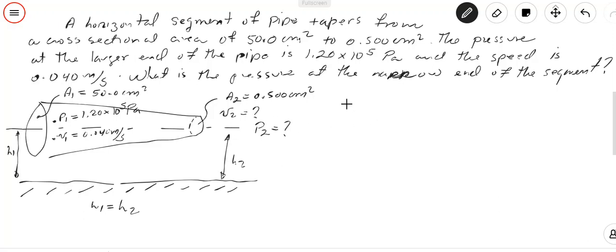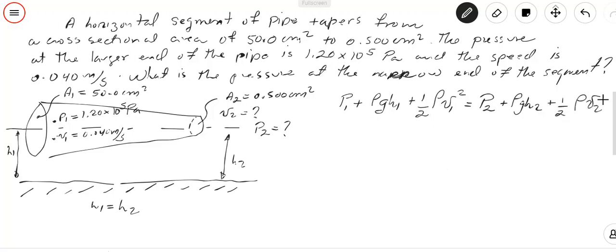In the Bernoulli equation, we say that the pressure at point 1 plus rho g h1, plus 1 over 2 rho v1 squared, is equal to the pressure at the second point plus rho g h2, plus 1 over 2 rho v2 squared.